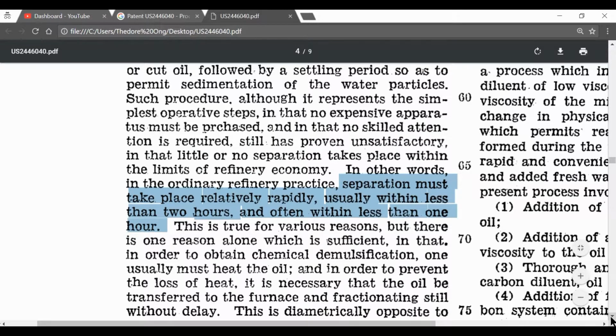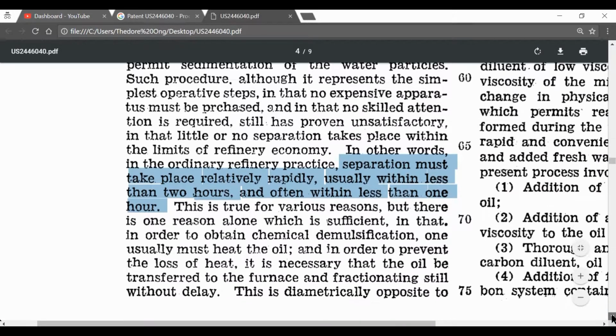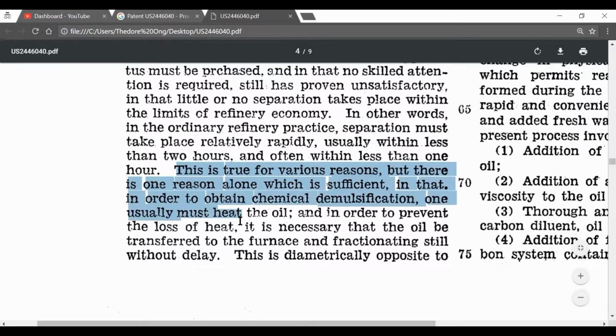By fast enough, they mean you need it to settle out within 2 hours. This is true for various reasons, but there's one reason alone which is sufficient: in order to maintain the chemical demulsification, you must usually heat the oil, and to prevent the loss of heat, it's necessary that the oil be transferred to the furnace and fractionating still without delay.